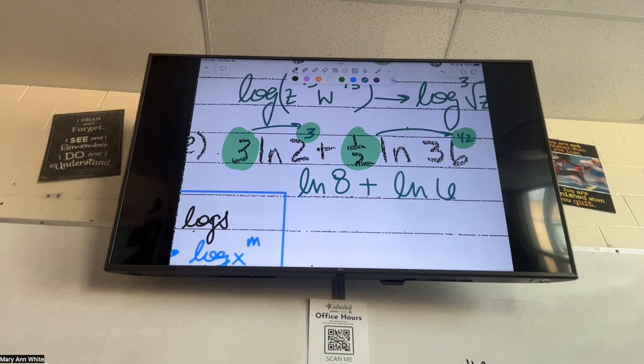Just gonna be 6, good. And then when I combine them together, what does that plus mean that I combine the 8 and the 6 as? Multiply, so 8 times 6 is gonna be 48. And that's actually as good as it gets, because if I log roll it, e to some power equals 48, I don't know what power that is. ln of 48 is actually really good. It's a good answer.